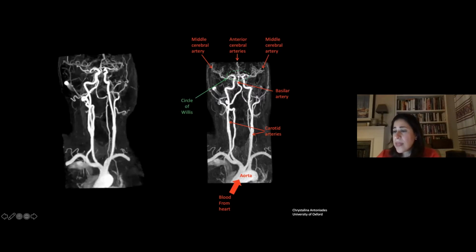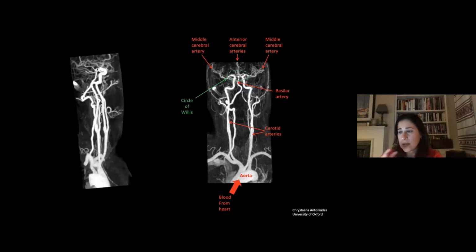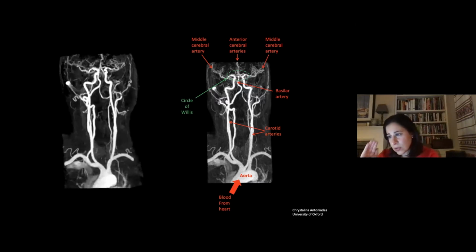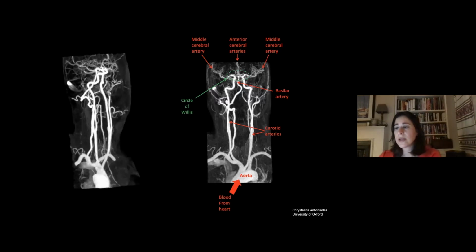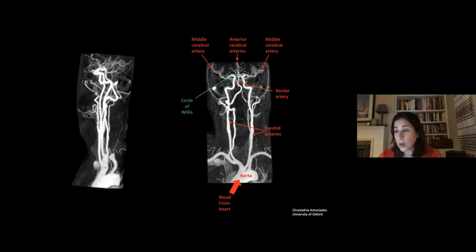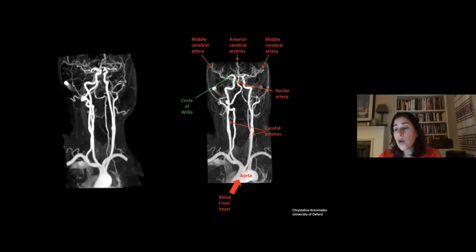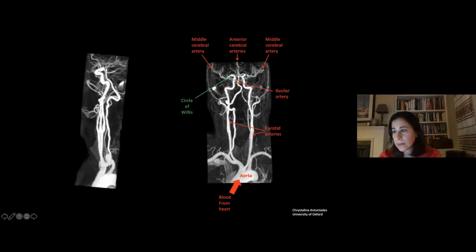And then the left and right anterior cerebral arteries and the anterior communicating artery that joins them, you can see here, form the front of the circle of Willis here.